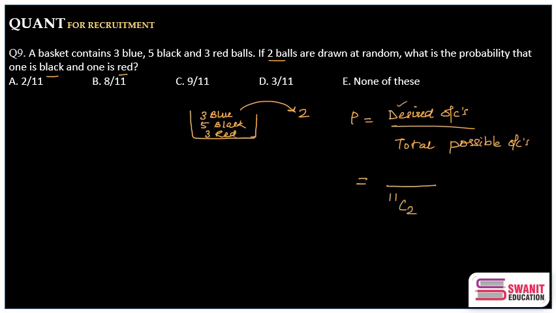But in the desired situation I only need one black, that is out of 5 I need one black ball, and one red, that is out of 3 I need one red ball. And since there is an 'and' in between, wherever there is 'and' in permutations and combinations and in probability, we replace it with a multiplication sign. Wherever it is 'or', we replace it with a plus sign.